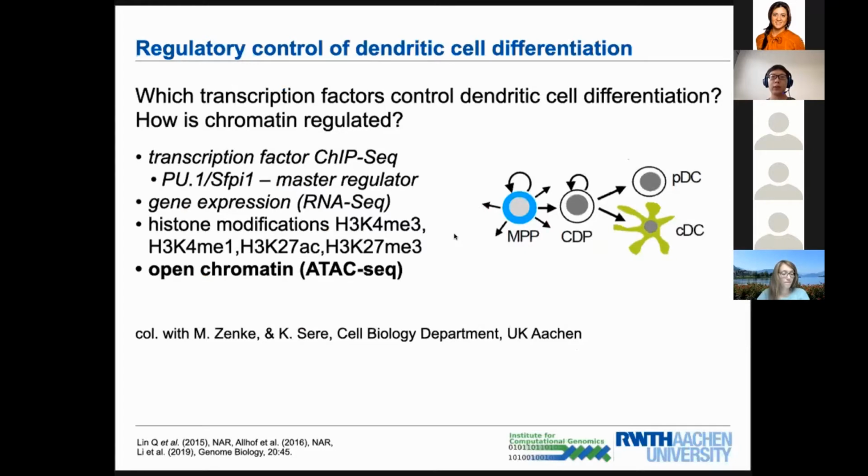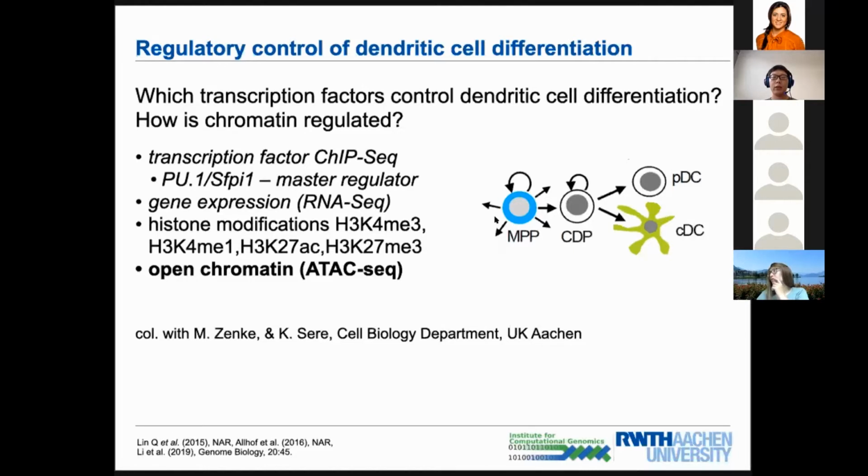Next, we used ATAC-seq footprinting to study regulatory control of dendritic cell differentiation. Specifically, we want to ask which factors control dendritic cell differentiation and how chromatin is regulated. To answer this, we have been using ChIP-seq and RNA-seq, and we were able to identify PU.1 as a master regulator of CDP differentiation.